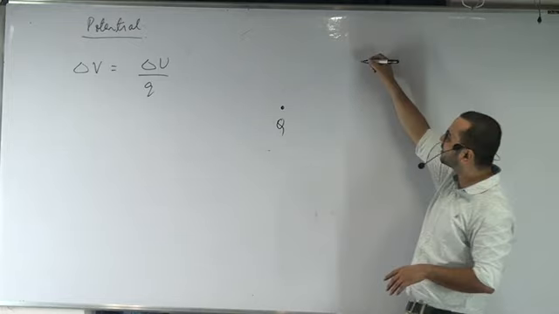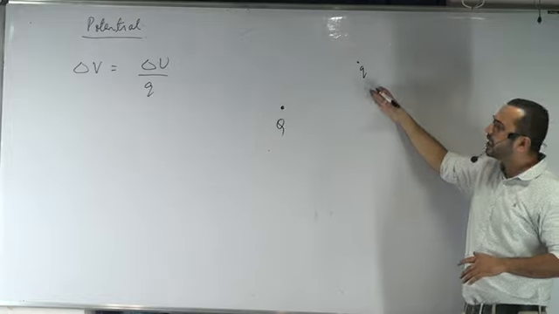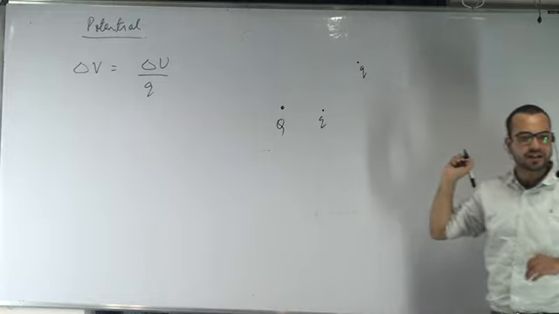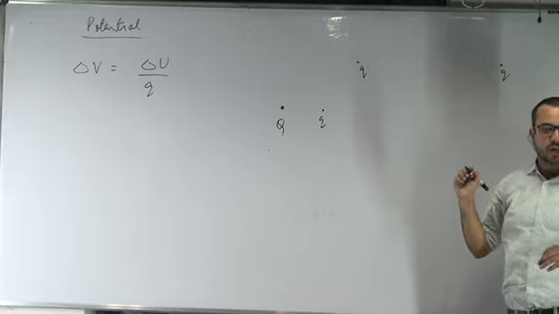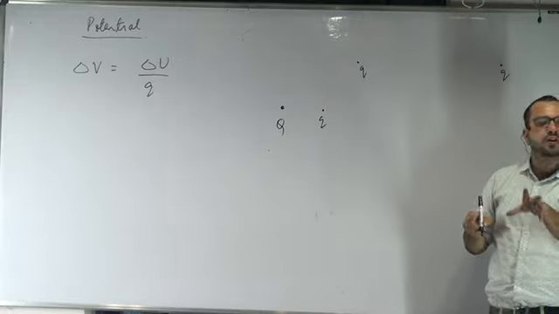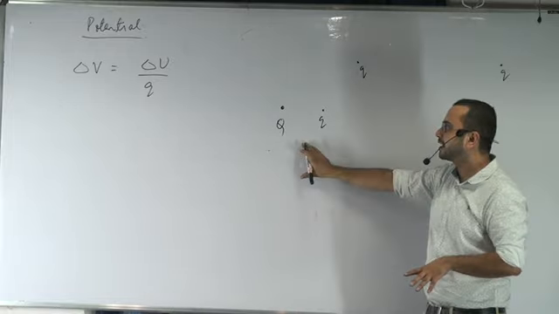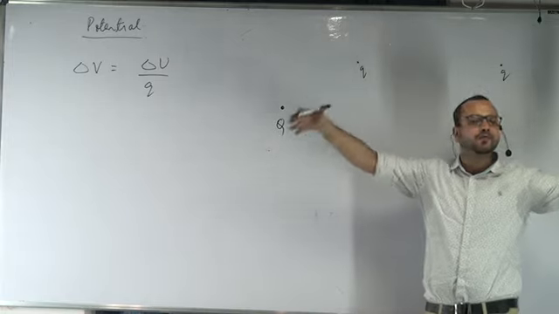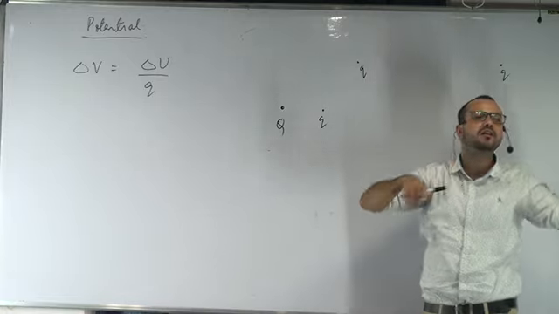If I bring in a test charge at this position, its behavior would be a little different from its behavior at this position. Why? Because all of them have different potential, and we'll talk extensively about what that means. One charged particle, or a combination of charged particles, has exerted its field everywhere, but different points have different potential.